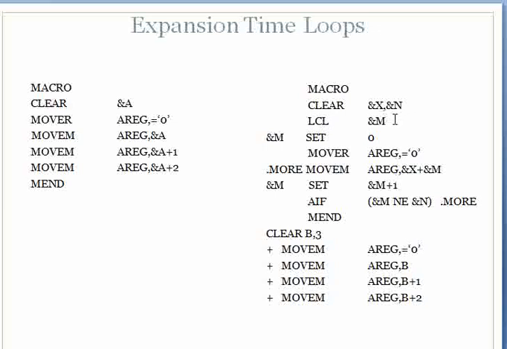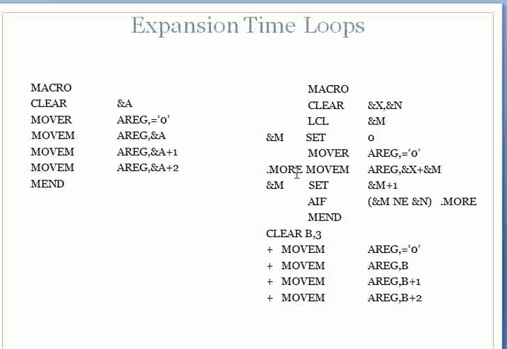M is a local expansion time variable whose initial value is set to 0, which is a preprocessor statement. The statement MOVER A register, comma equal to 0 is a model statement, a model statement containing an ordinary string which represents itself during the expansion. Model statements are those statements for which you will get assembly language statements during expansion.